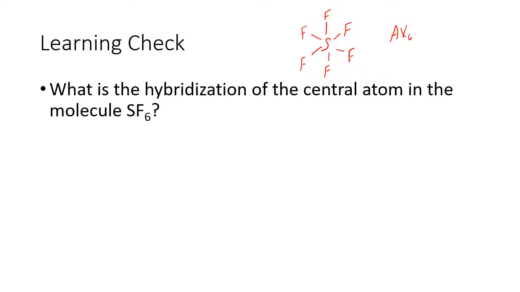AX6 would be the VSEPR class. And the bond angles between them all were 90 degrees apart. If we look at our electron configuration for sulfur, it will be neon brackets 3s2, 3p4.